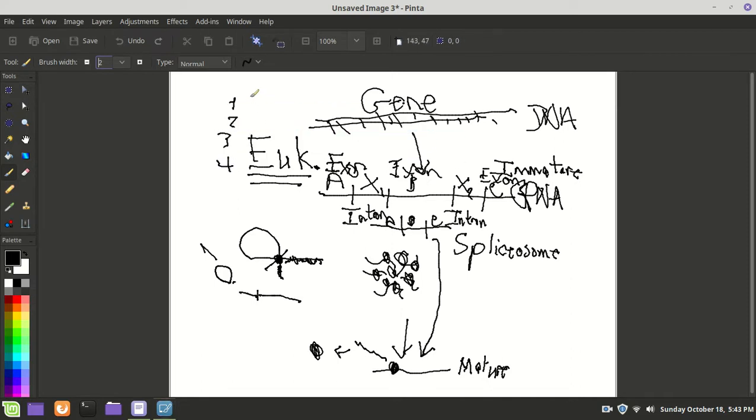You have one where you leave everything in, then you might cut one out, then you might cut the other one out, or you might cut both. Depending on how the splicing goes, you might be able to create 4 different proteins from one gene.